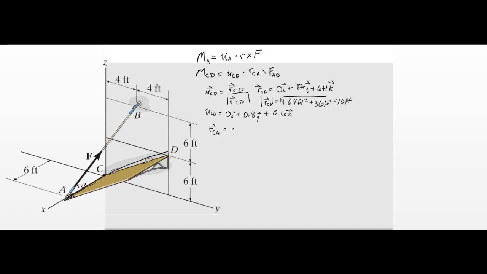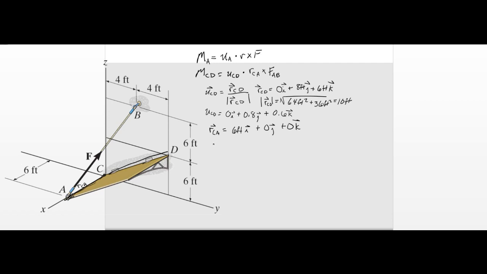So that's going to be 6 feet in the i plus 0j plus 0k. Now that was relatively easy. And now we want to calculate the unit vector for the AB so that we can then multiply by F, and we have all of the components of F to complete the equation.